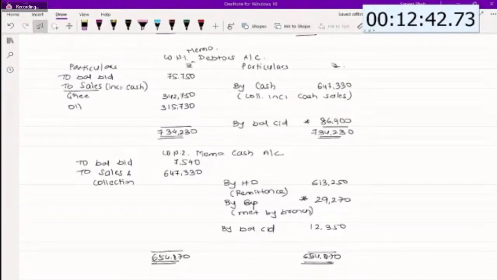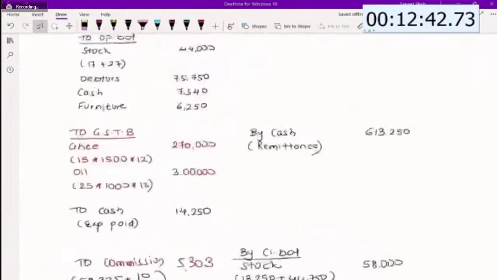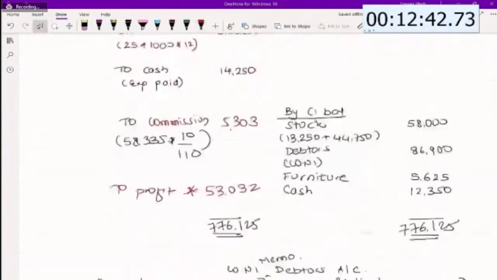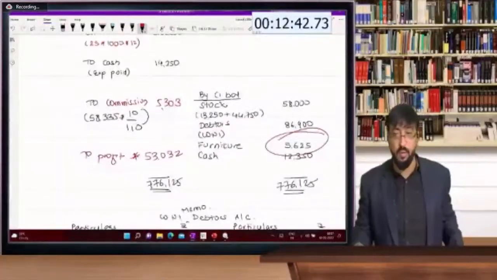Depreciation, no beta. Opening and closing balance, if you have written, Poonam Sharma ji, if we have written opening and closing balances, we won't write depreciation. Sorry. Depreciation automatically gets adjusted. Chalo. Next one.